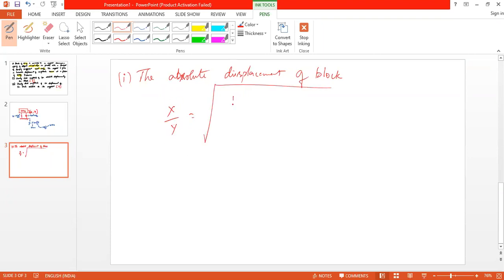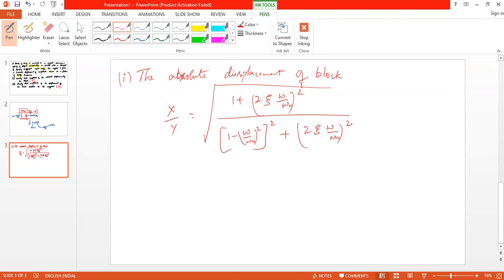That is equal to root of [1 plus (2 zeta omega by omega n) whole square] divided by [(1 minus (omega by omega n) whole square) whole square plus (2 zeta omega by omega n) whole square]. Okay, this is the equation.